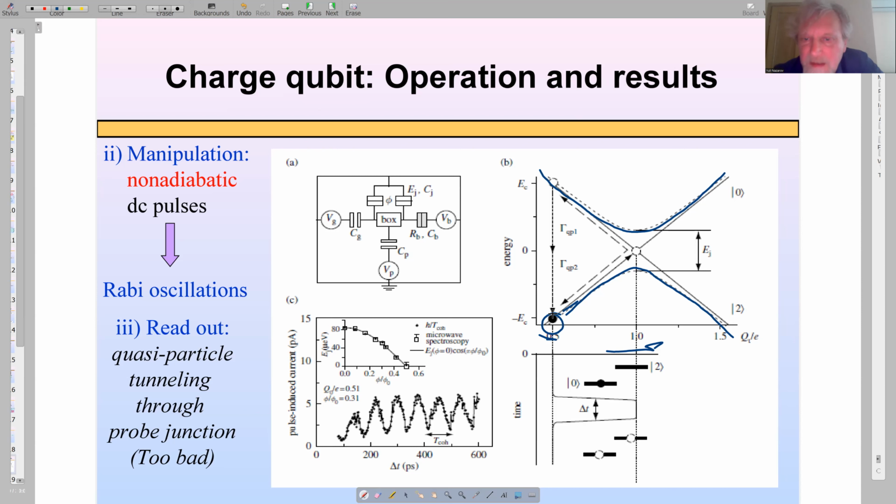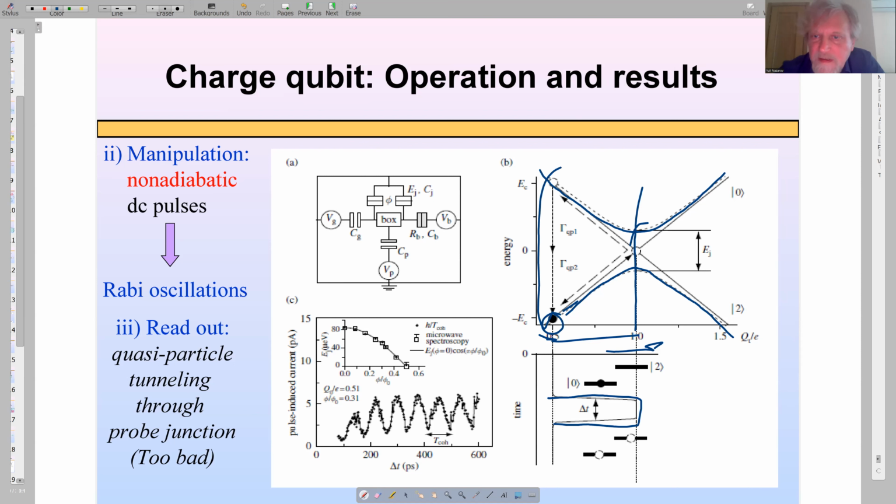They change the gate voltage in such a way that it gets immediately to this point, and wait for a certain time. And after that, they get it back. So what will happen after this?